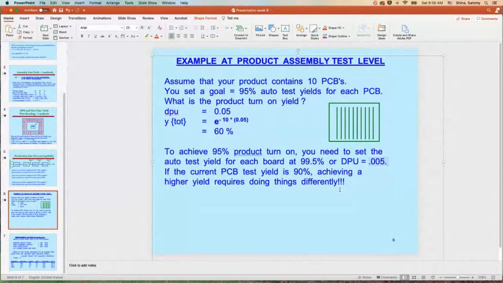So you really have to increase your individual quality on each manufacturing station to get a turn-on yield for the line that's reasonable, and you're not hiring tons of people for testing and repair. Before the Six Sigma revolution, test and repair was a third of the manufacturing cost for products.